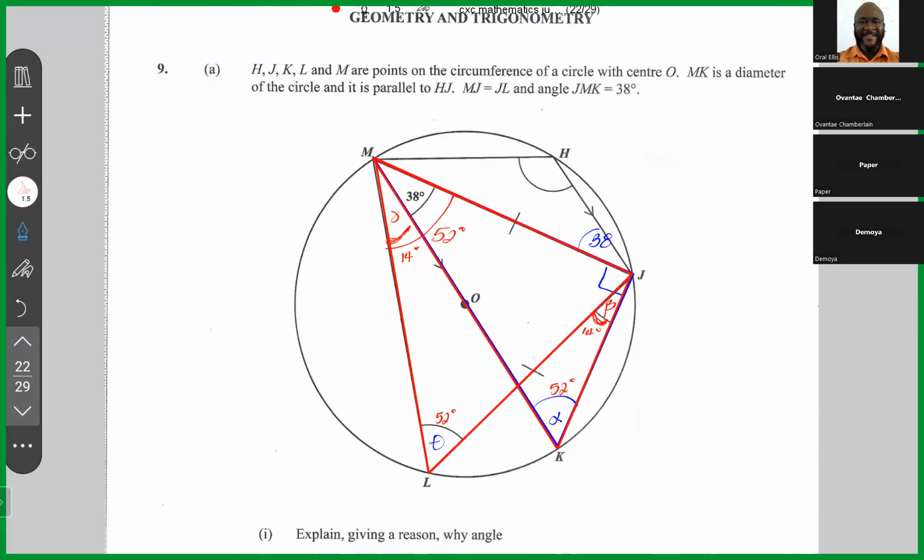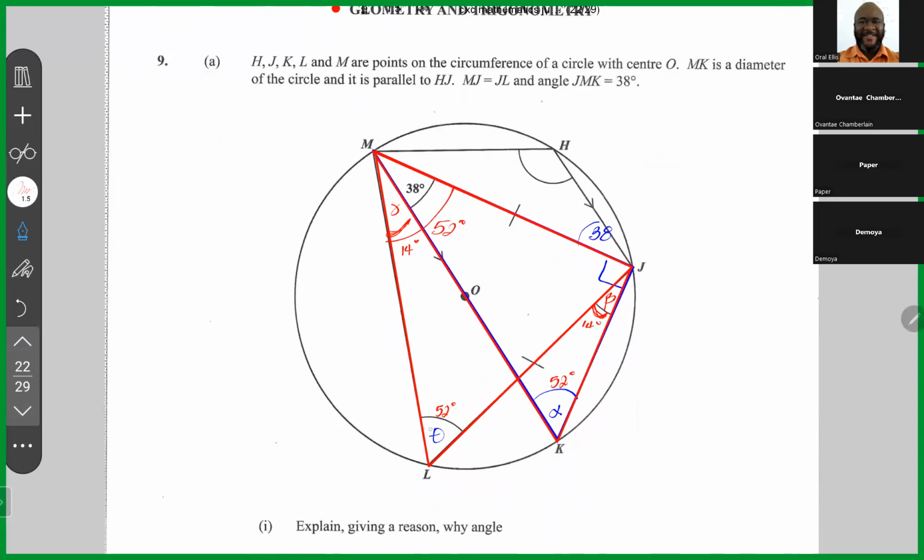How do we identify it? Start at L, up to the circumference at M, come back down to K. The second one, start at L, up to the circumference at J, then come back toward K. Those two angles are equal. They're called angles in the same segment.